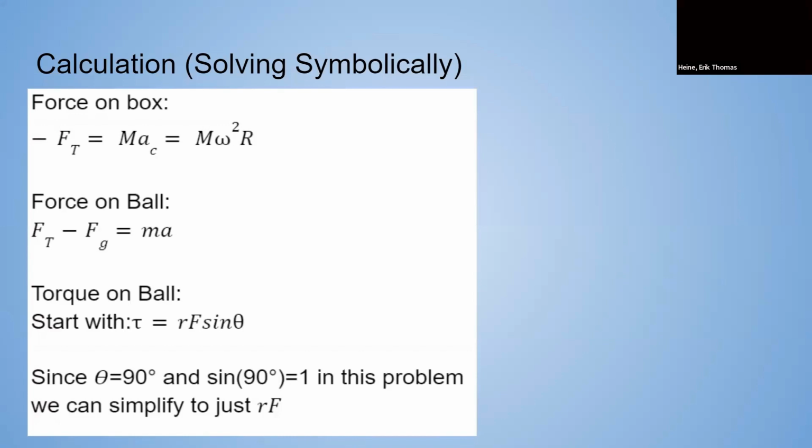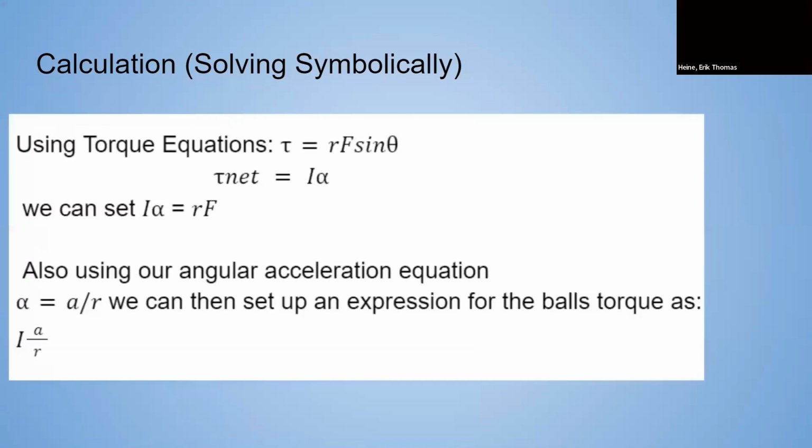Next, we have torque. Our theta in this situation is just going to be 90 degrees, and sine of 90 degrees is 1. So we can simplify this to R times F for torque. We can also use moment of inertia times angular acceleration equals RF.